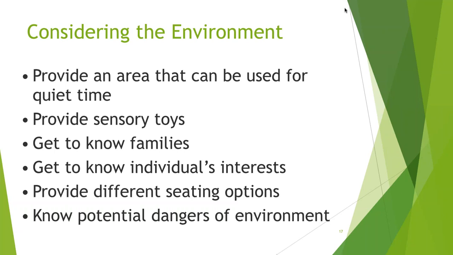Getting to know their interests so that, if you have a chance to purchase a resource on monarch butterflies, like my friend I'm so obsessed with, you're able to purchase those. Providing different seating options, and I know many libraries do this because I've seen it in libraries.